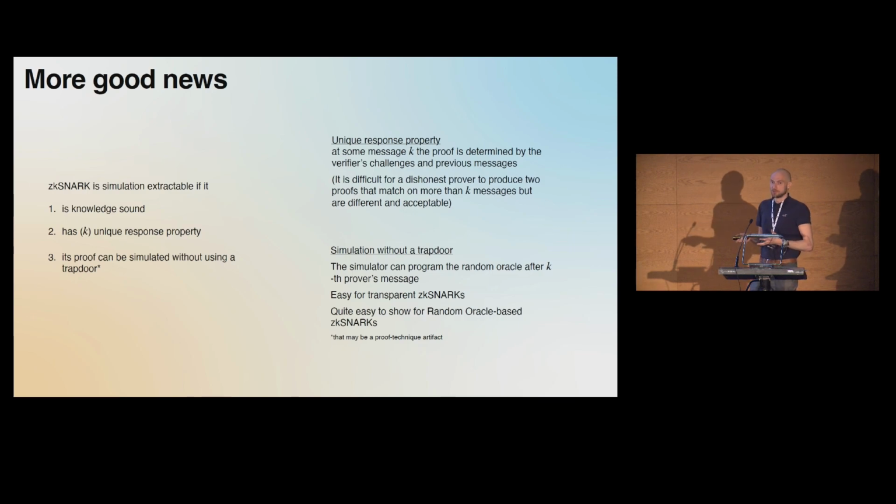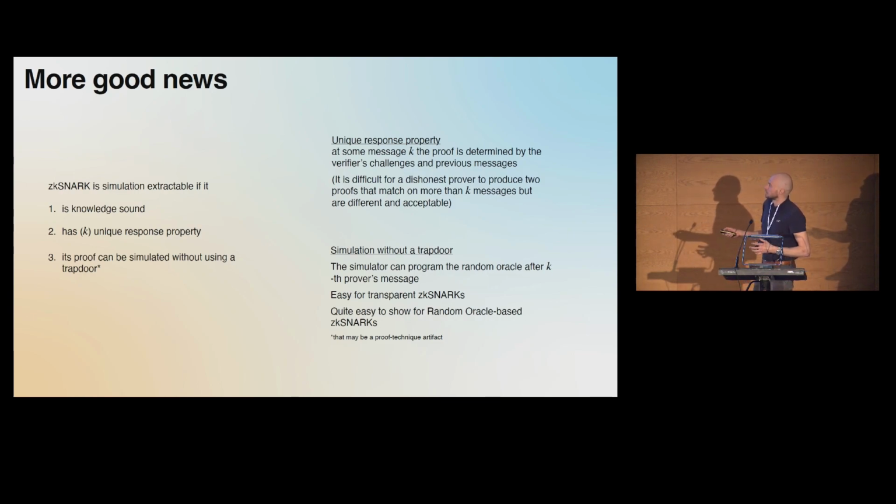So the good news is that the requirements on SNARKs to be simulation extractable are very mild. For a SNARK to be simulation extractable, we require it to be knowledge sound. That's really mild, because if a SNARK is not knowledge sound, then it's not a very interesting proof system. It needs to have something called the k-unique response property, which I will introduce in a moment.